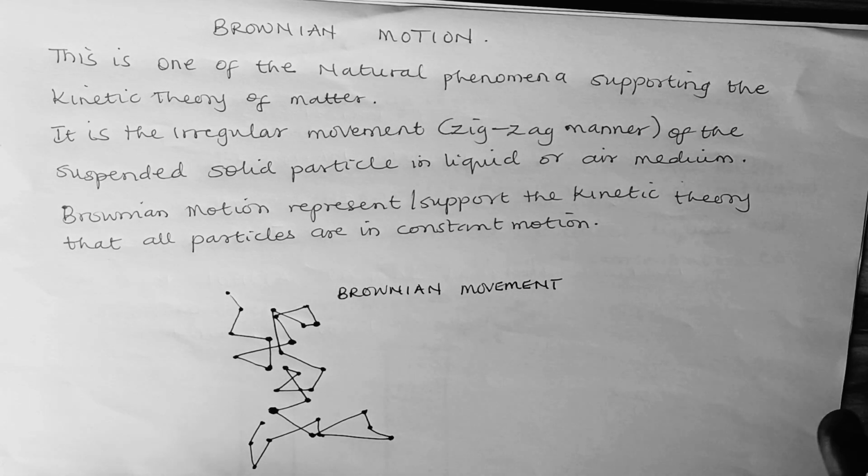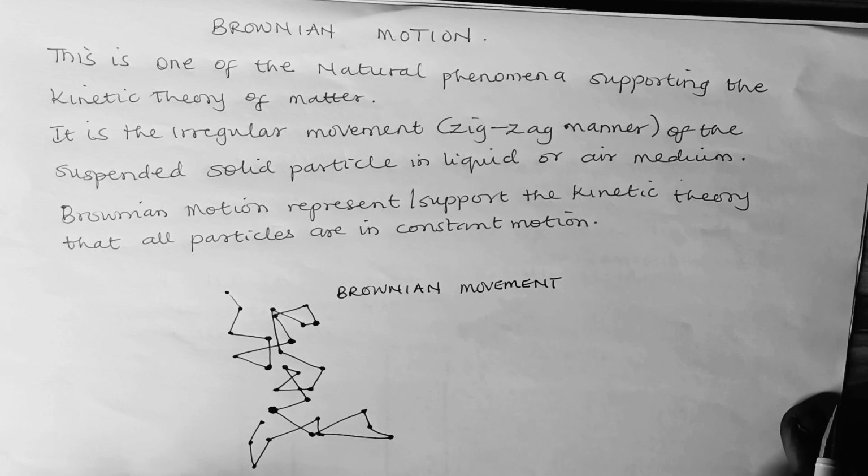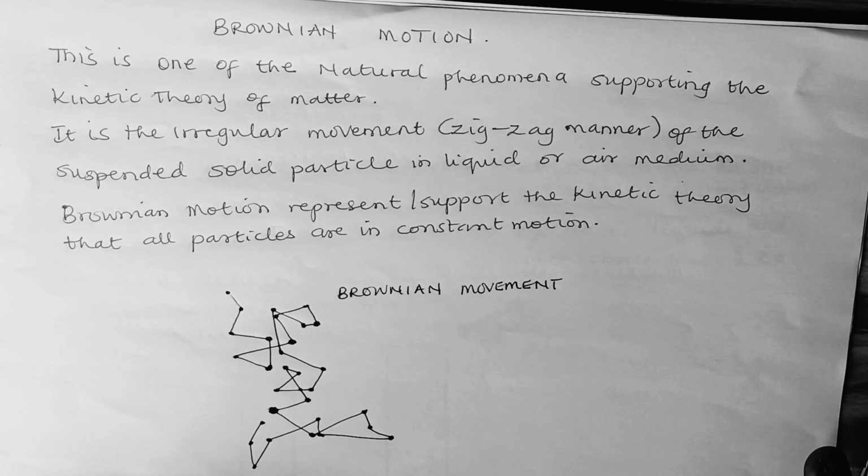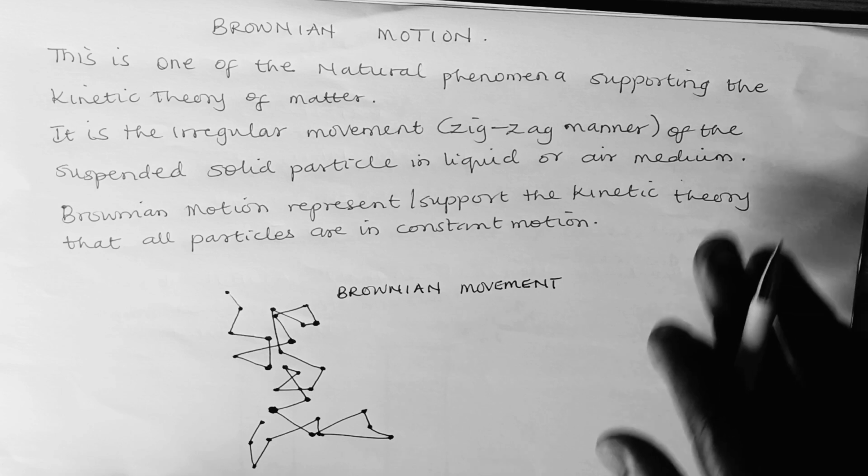What is Brownian motion? It's an irregular, zigzag movement of a suspended solid particle in a liquid or air medium. It supports the kinetic theory that all particles are in constant motion.